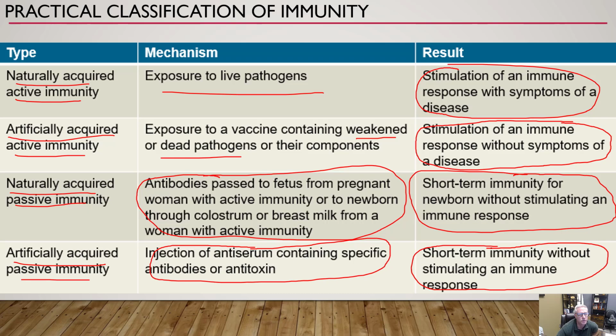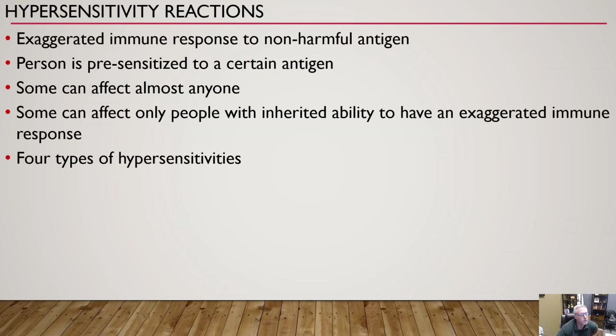So we also have these things called hypersensitivity reactions. Basically, they are exaggerated immune responses to harmful or non-harmful antigens. Typically, people are pre-sensitized to a certain antigen. These would be like your allergic reactions to pollen or peanuts or something like that.